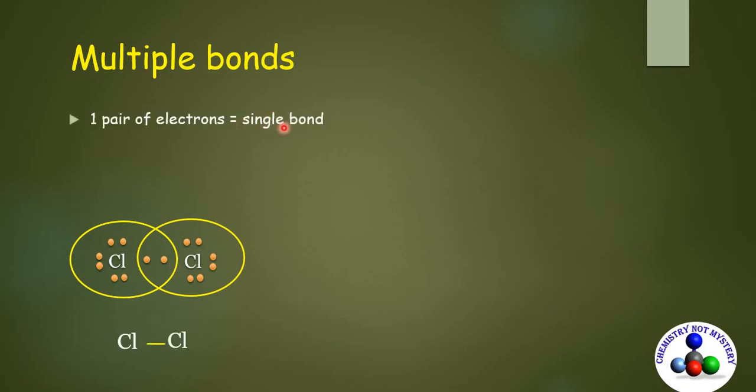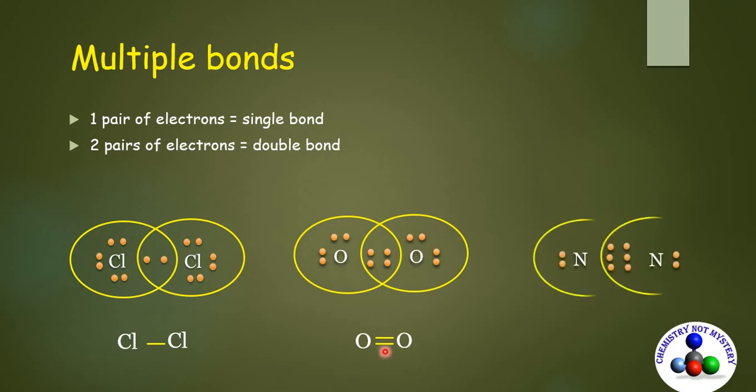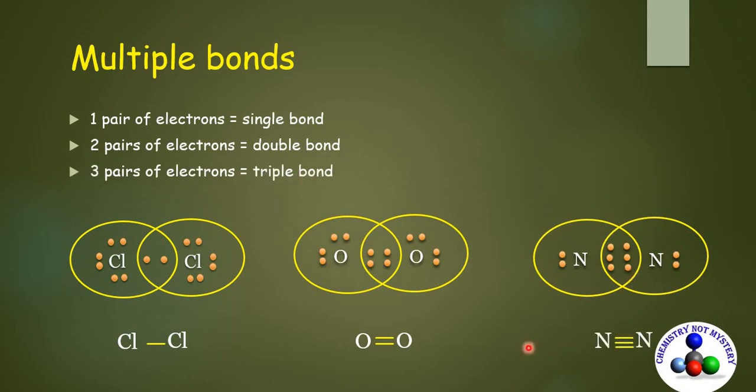That means a single bond is formed between the two Cl atoms. In case of O2 molecule, there are two pairs of electrons shared between the atoms. That means a double bond is formed between the two oxygen atoms. And in case of nitrogen molecule, there are three pairs of electrons shared between the atoms. That means triple bond is formed between the two nitrogen atoms.